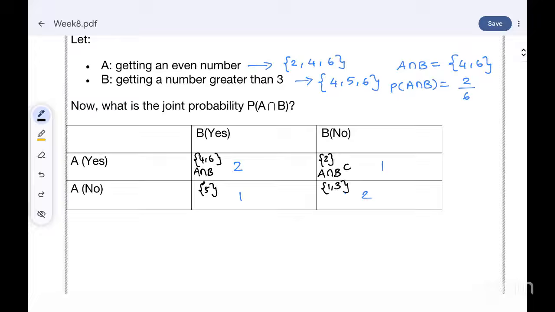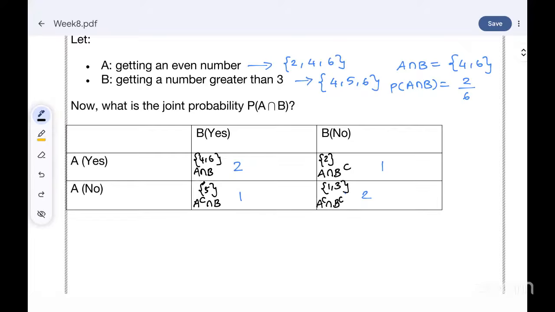Right? Similarly, can you say what this is representing? A complement intersection B. Right? Okay. Here at the last, A complement intersection B complement.